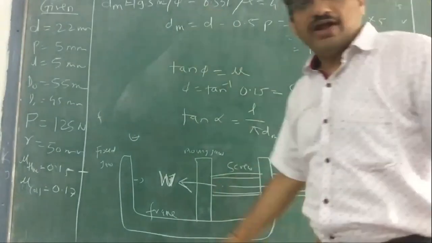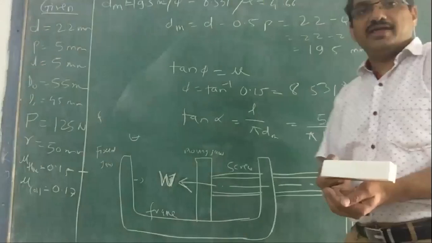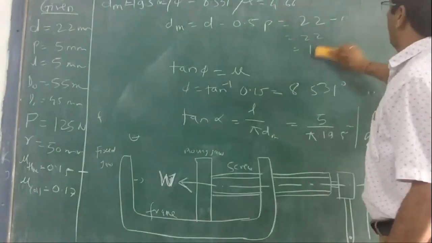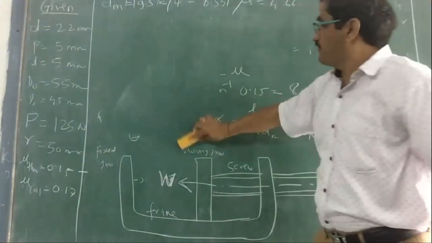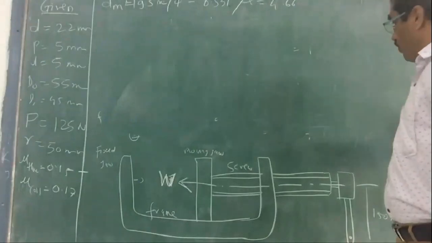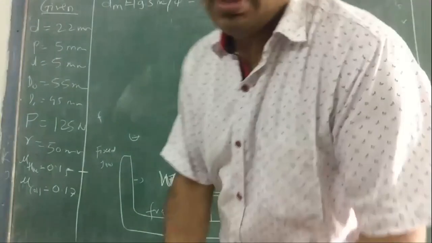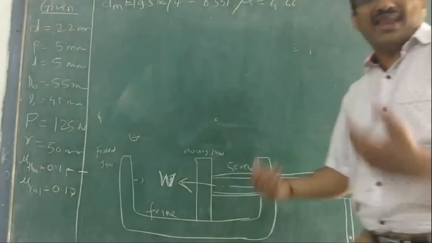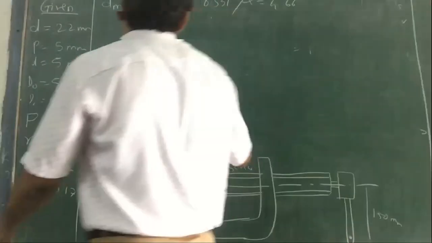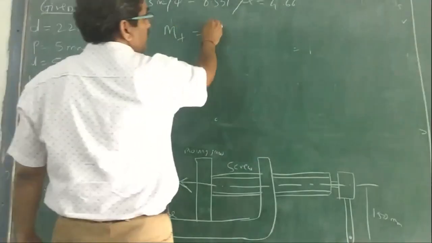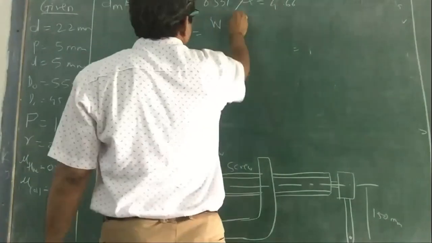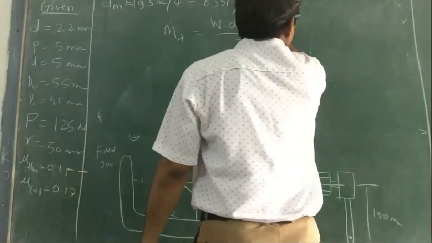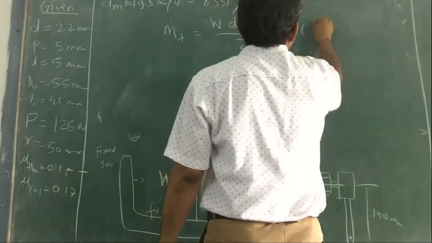Now we can find the different torques. We can find MT, MTC, the collar friction torque, and the total torque, and accordingly the load we can exert with this jack. First, MT will be W into dm by 2, into tan(phi plus alpha).